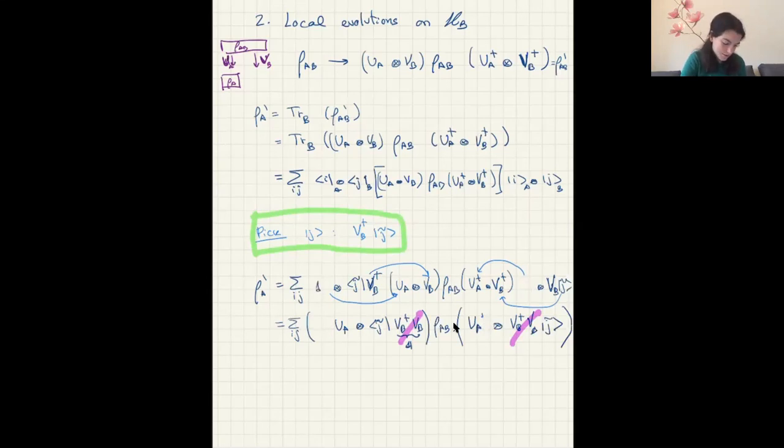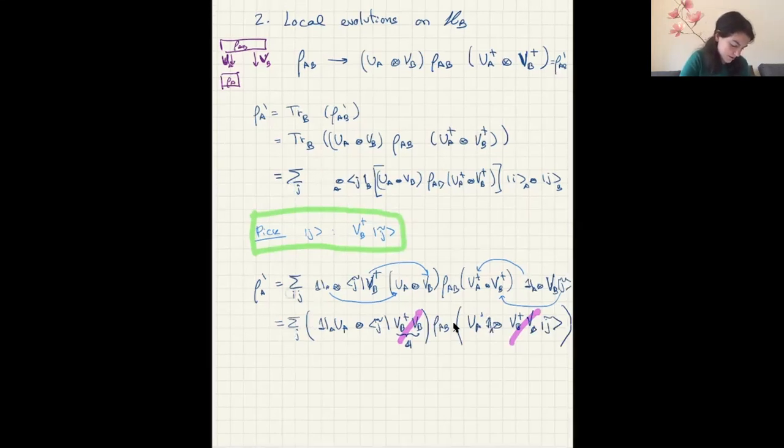So this could be the identity on A. Identity on A, identity on A, identity on A, and here the same up here. And all the sums are just over J. Okay. Identity on A and identity on A. There we go. That's much better. Okay.